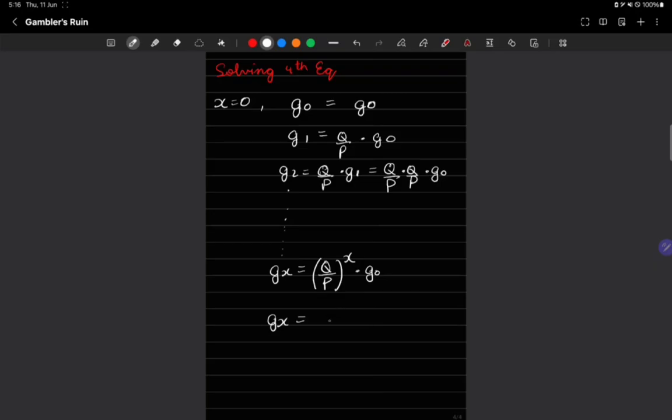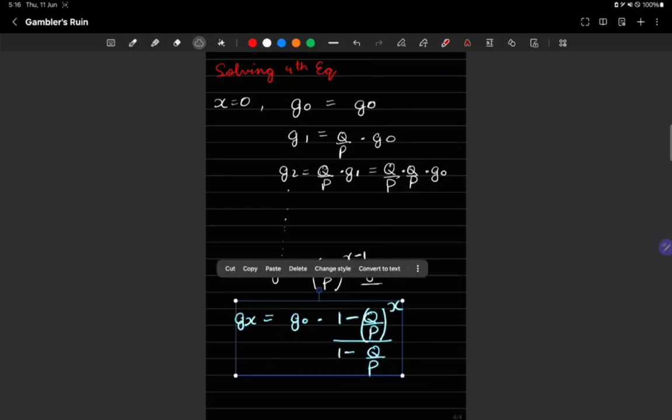So that will be g0 into 1 minus q by p raised to the power x, because we already have g0, upon 1 minus q by p. So we can make this equation as our fifth equation.